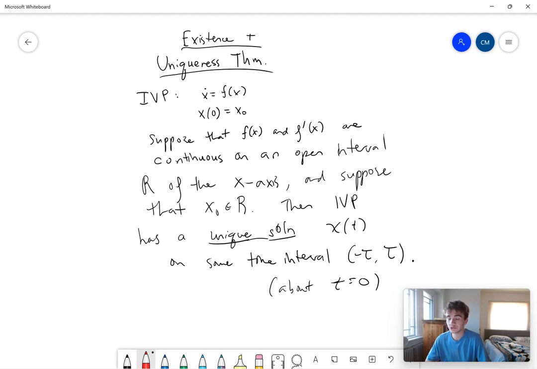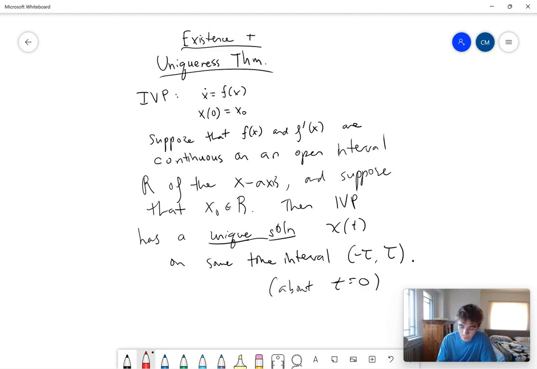For example, in industry or in the real world, if you're dealing with a differential equation, you need to make sure that the solutions exist and are unique before you code a stable numerical algorithm to solve for your solution curves, right? Because almost all of these in practice are not solvable by hand. You need the computational methods to actually generate numerical solutions. So for that reason, existence and uniqueness is very important.